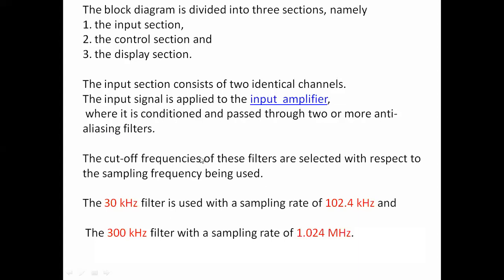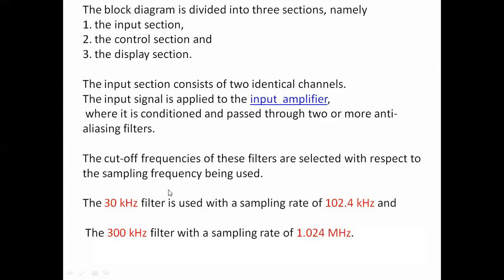So the cutoff frequency of these filters is selected with respect to the sampling frequency being used. So here a 30 kHz filter is used with a sampling rate of 102.4 kHz and a 300 kHz filter with a sampling rate of 1.024 MHz.